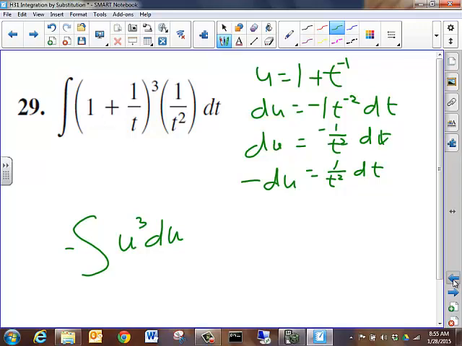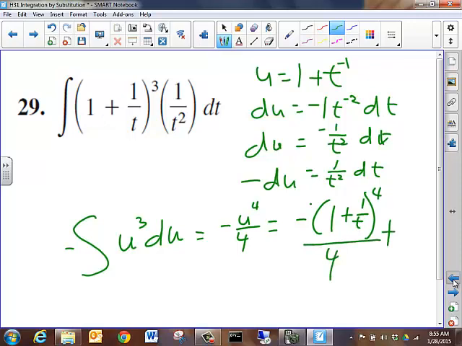We get u to the fourth over 4 with a negative sign in front. That gives us negative parentheses 1 plus 1 over t all to the fourth over 4, plus c. Are we okay? All right. Really though, even though you said ooh, it becomes really more tedious than anything else.